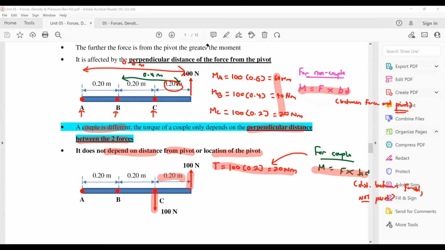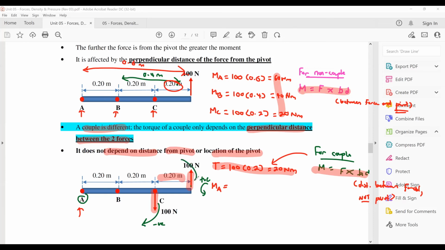What I mean by that is, again, now let's just say I take moments about A. This is my pivot. Let's just say that for the sake of our discussion, going anti-clockwise is positive. So for pivot A, this one will go this way. This is negative.